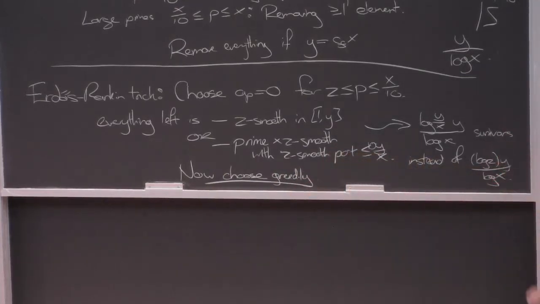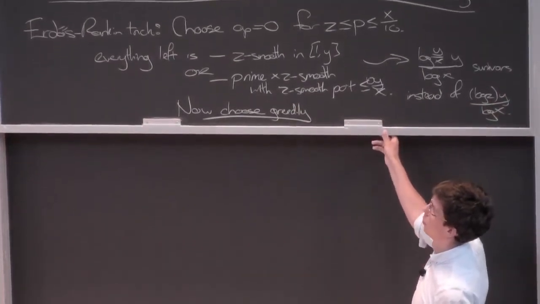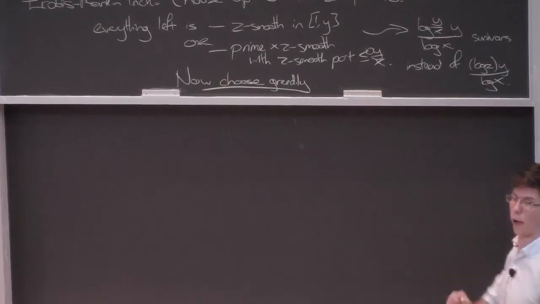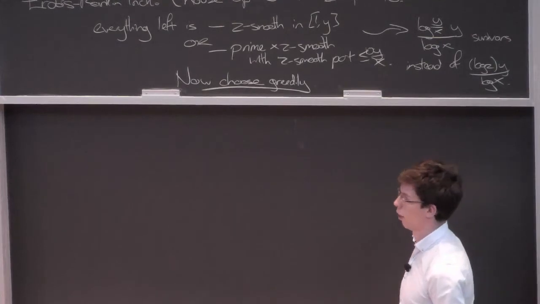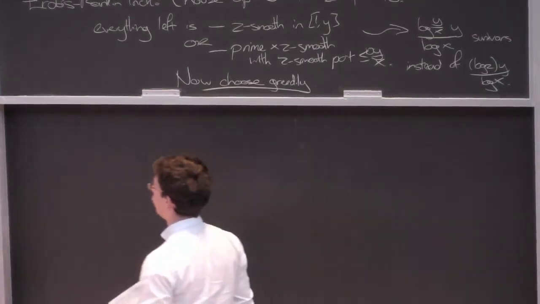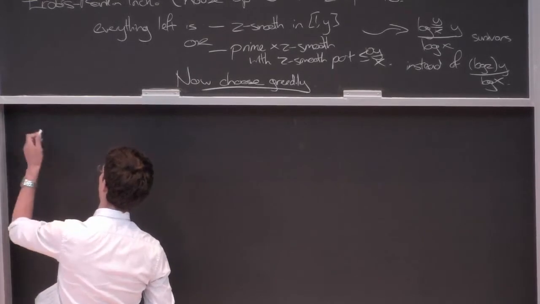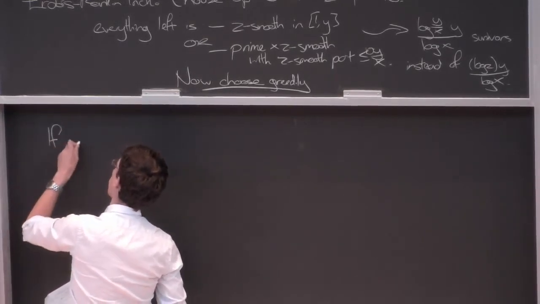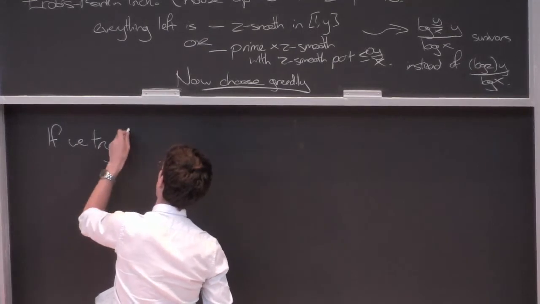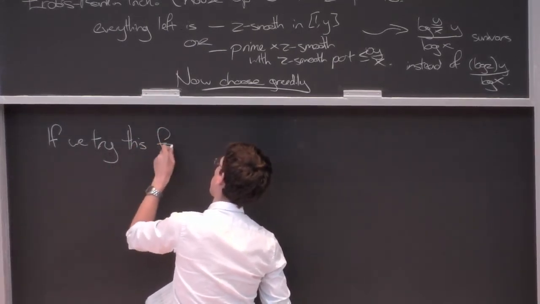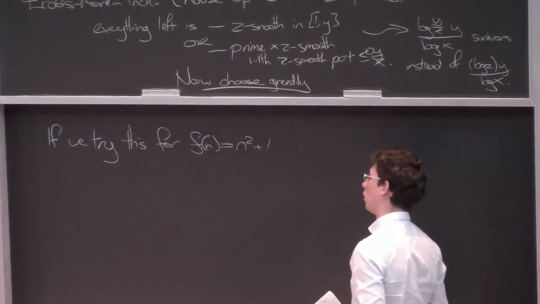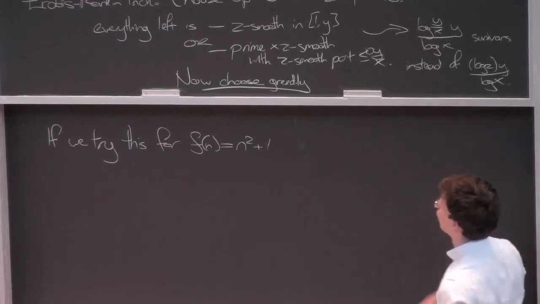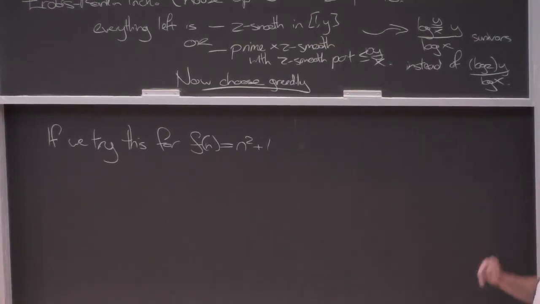And that's the whole Erdos-Rankin argument for getting large gaps between prime numbers. And again, this is basically the only way we know of how to prove large gaps between primes using this trick about smooth numbers. But if we tried to do exactly the same thing for, say, the polynomial f of n equals n squared plus 1, well, we can still choose a_p to be 0 for all these medium primes.